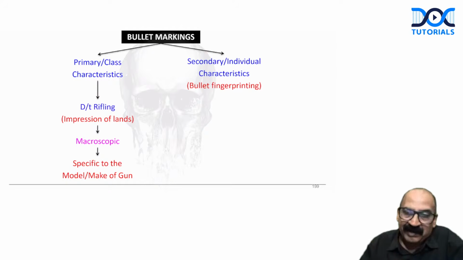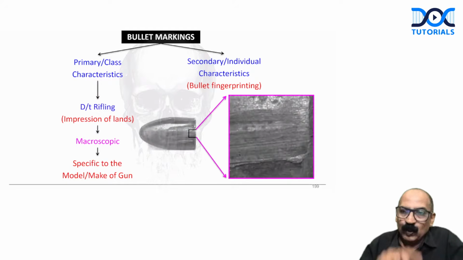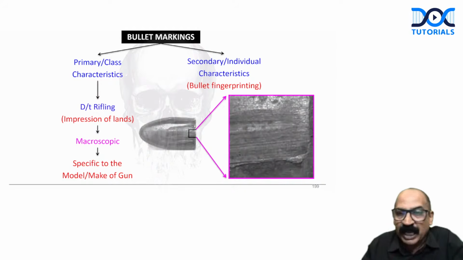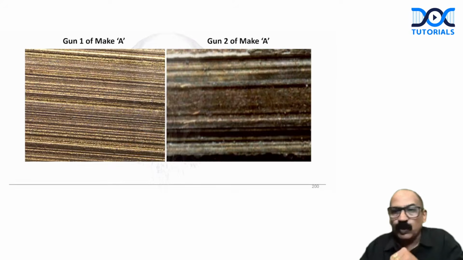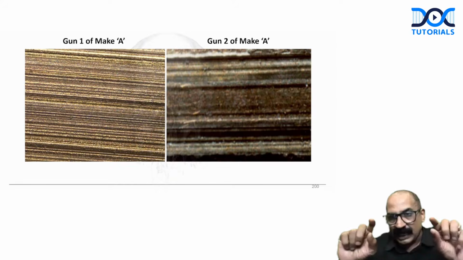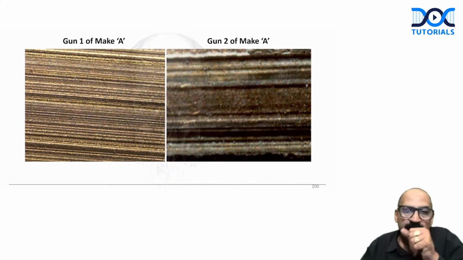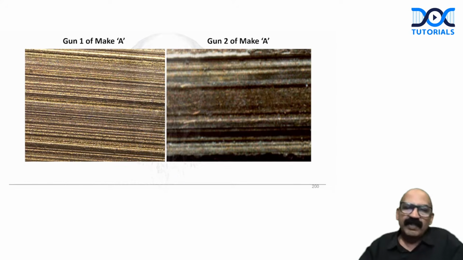At the same time, if I enlarge the primary marking under a microscope, you can see multiple striations which are microscopic in nature. Gun 1 of make A, gun 2 of make A. Both make primary characteristics are the same, but secondary characteristics are different. That helps to know the individual gun.